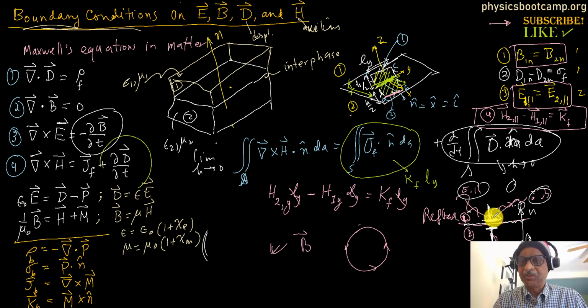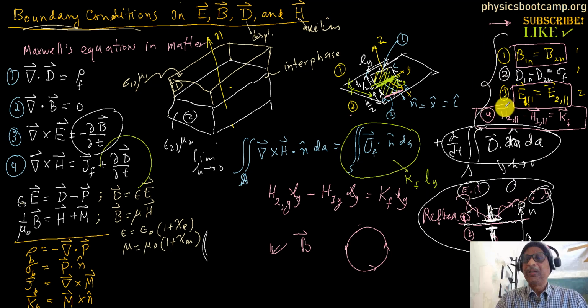So D normal here equals D normal there, and B normal here is the same as B normal there. So we are going to use these boundary conditions when we study electromagnetic wave refraction, for instance.